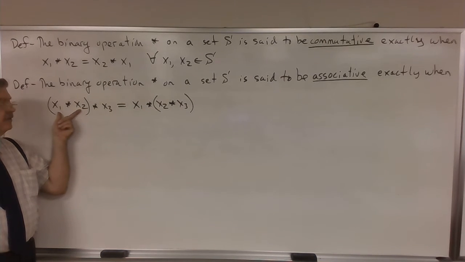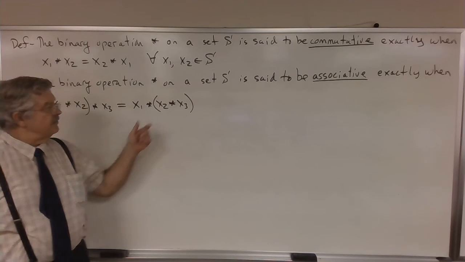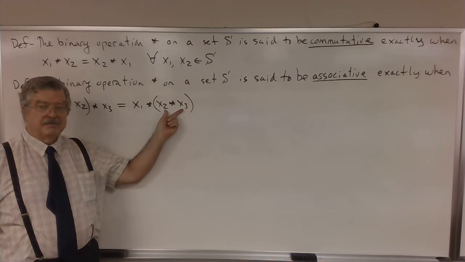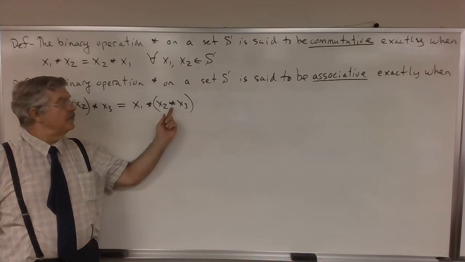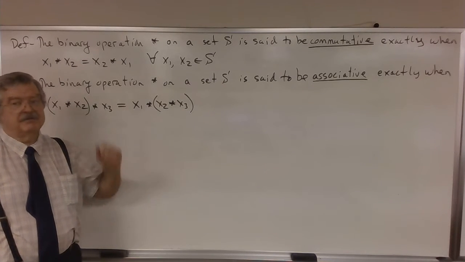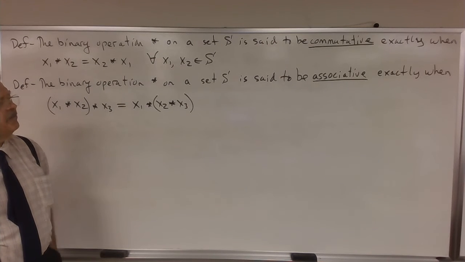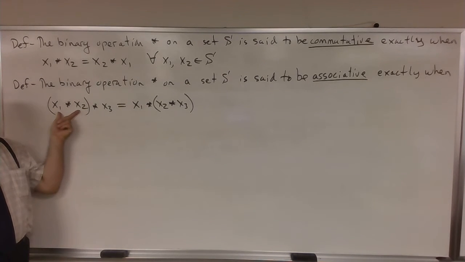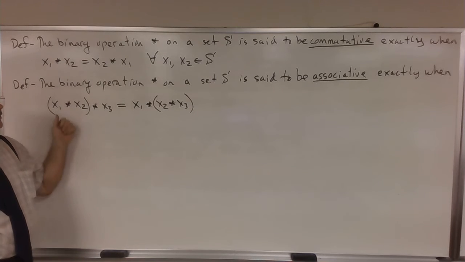If we take the first and second elements and associate them with the operation first, we get the same result as if we take the second and third elements and associate them with the operation first. So if the operation is associative, it doesn't matter which 2 elements we associate with one another first.